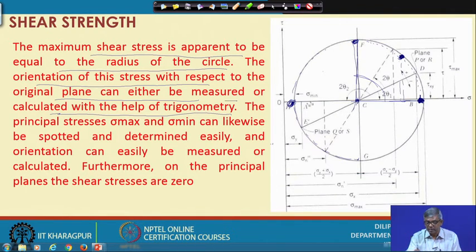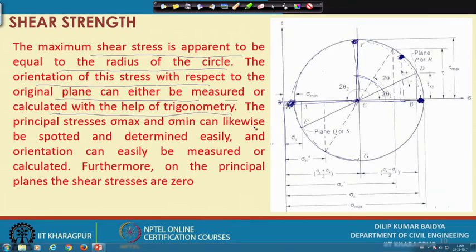What is that? The normal stress you have to read starting from this, suppose this is the origin. So, starting from this we can read this value, that is the normal stress. Now, this orientation, as we have shown by calculation, with sigma n, tau n and tan 2 theta n, one can calculate the value and the orientation.